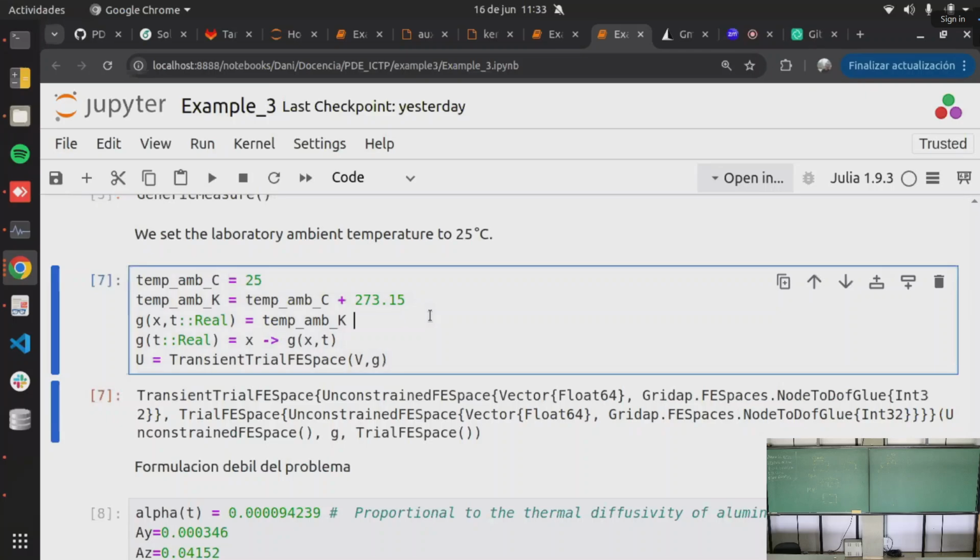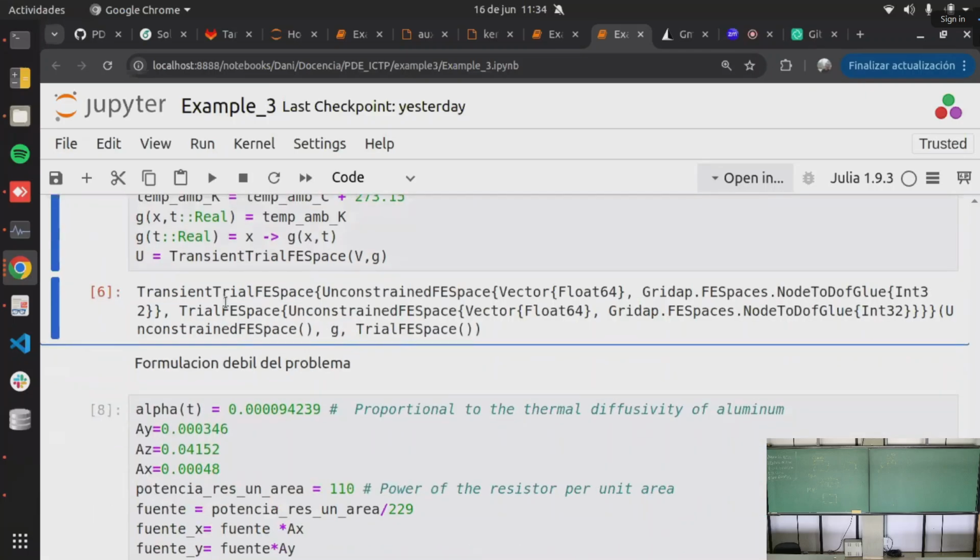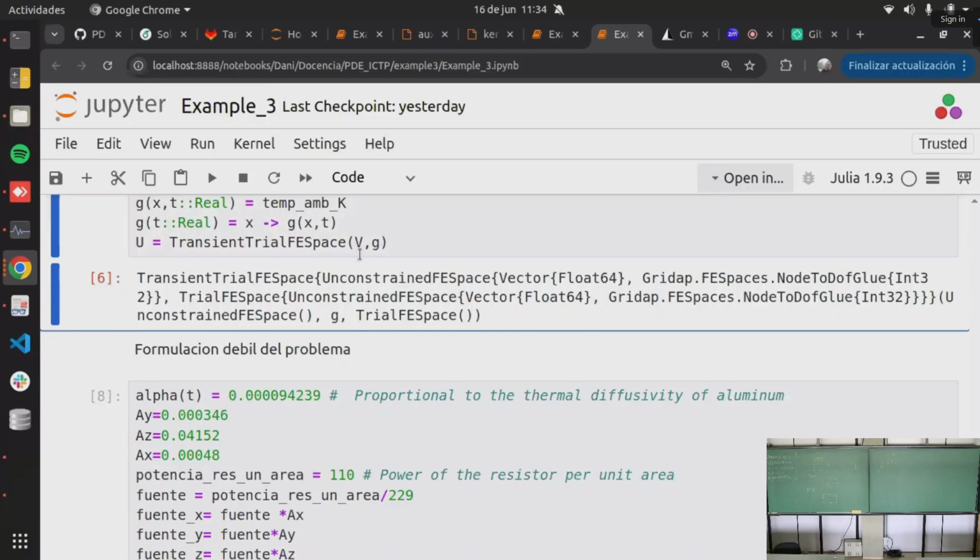And here we have the information of the initial data, that will be the temperature of the laboratory in Kelvin degrees. So this is our test space.